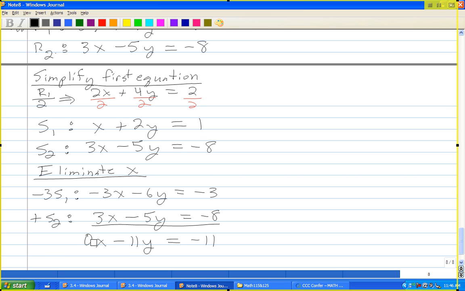Let me divide both sides of my equation by -11 to solve for y.